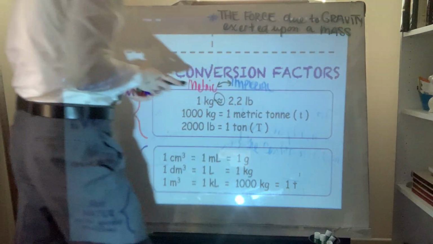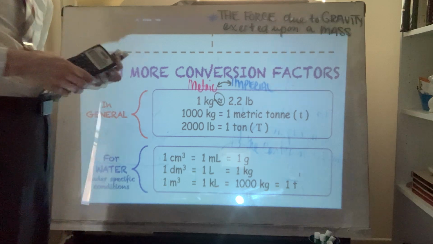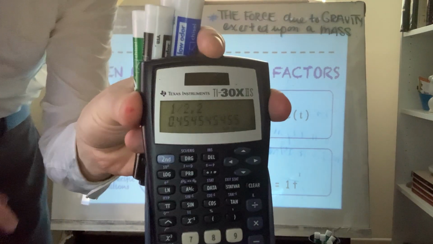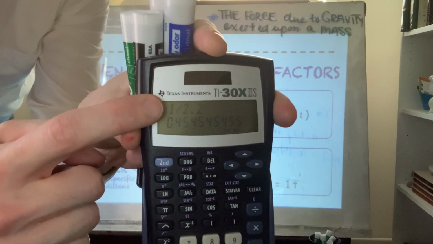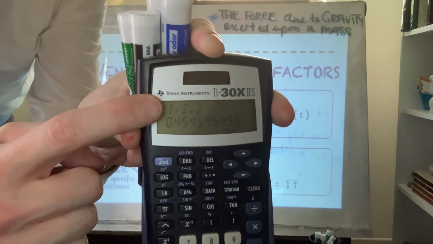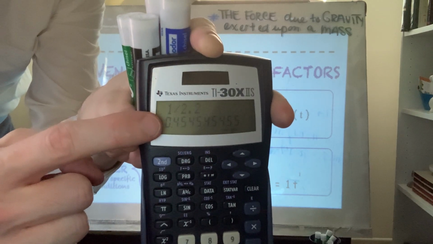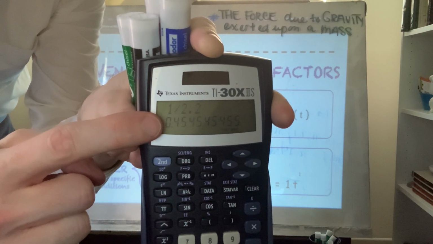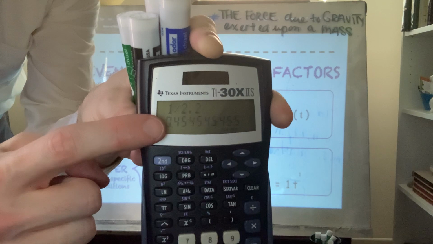If you were to approach this from the perspective of pounds instead, you would divide 1 by 2.2. And you see that it's this repeating decimal, so it's not quite right. It's something you would have to round. Approximately 1 pound is a little less than a half a kilogram, so 0.45.